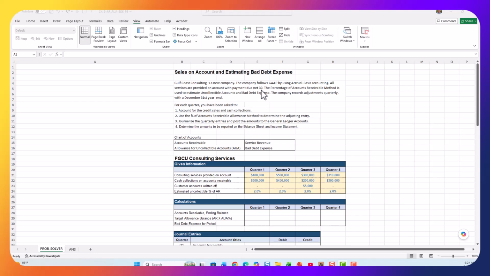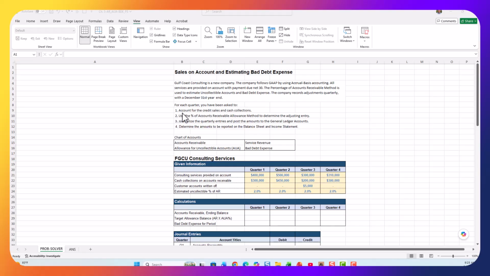The percentage of accounts receivable method is used to estimate uncollectible accounts and bad debt expense. The company records adjusting entries on a quarterly basis and has a December 31st year end. For each quarter, you've been asked to: 1.